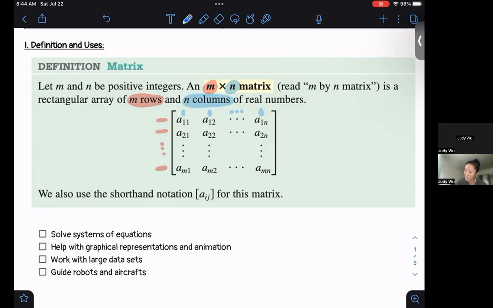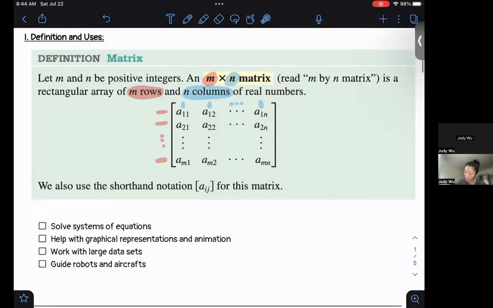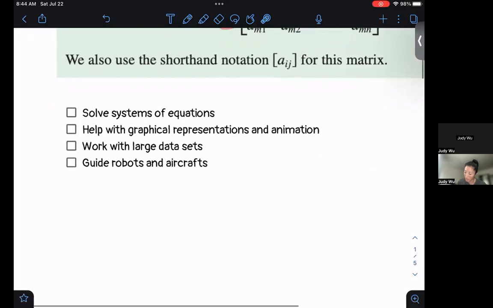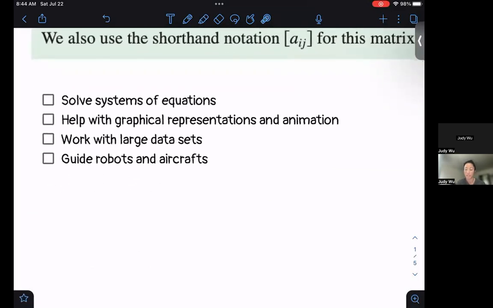So we would say that this is an M by N matrix. And we also say that each of these in here, a sub i j, are entries inside of the matrix.